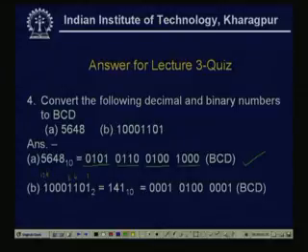That means the value is 141 in decimal. Once it is converted into decimal, in the same way each digit is replaced by 4 binary digits. That means 1 is 0001, 4 is 0100 and 1 is again 0001. So, this is my binary coded decimal value.